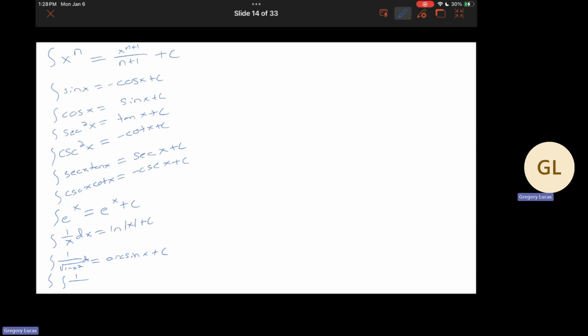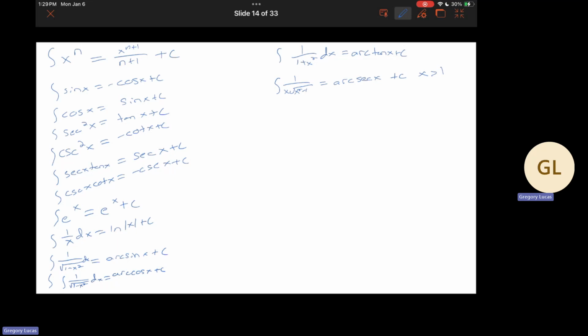If we have the negative of 1 over root 1 minus x squared dx, this would give me arc cosine x plus c. If I have 1 over 1 plus x squared dx, that's going to give me arc tangent. And then lastly, if I have 1 over x root x squared minus 1, then we'll get arc secant x plus c, and x has to be bigger than 1.